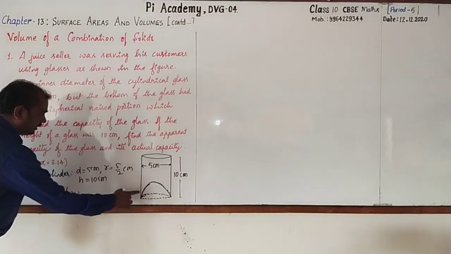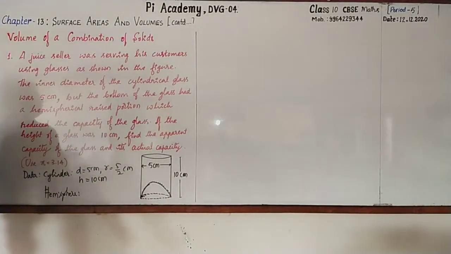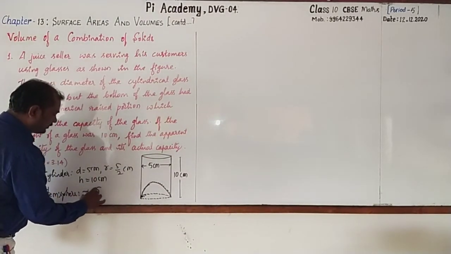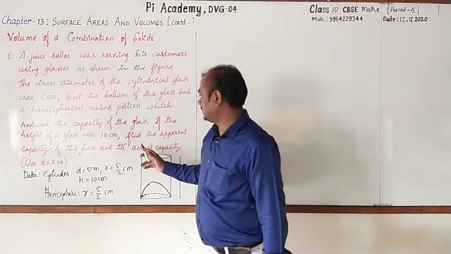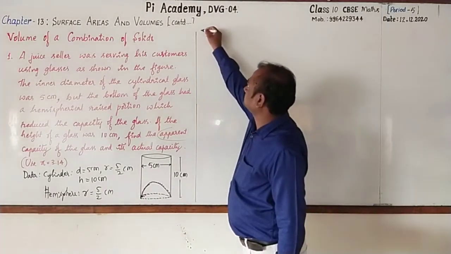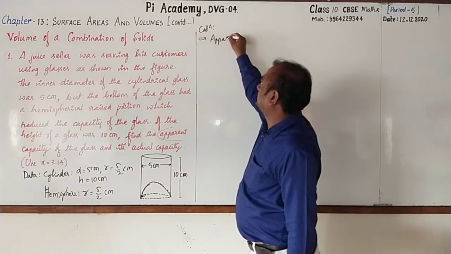Hemisphere, diameter is 5 centimeter. Diameter of the hemisphere is equal to diameter of the cylinder. Hence, radius will also be the same, 5 by 2 centimeter. First, let us find out the apparent capacity of the glass. Write the calculation with me. Apparent capacity.